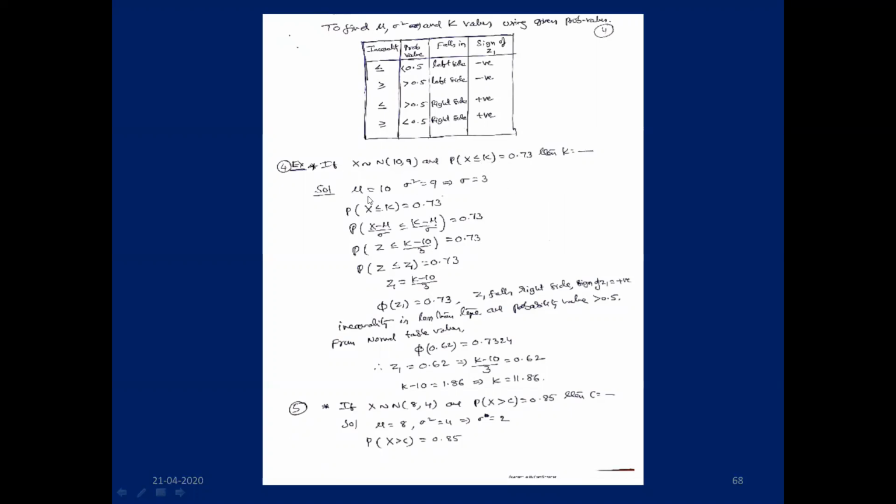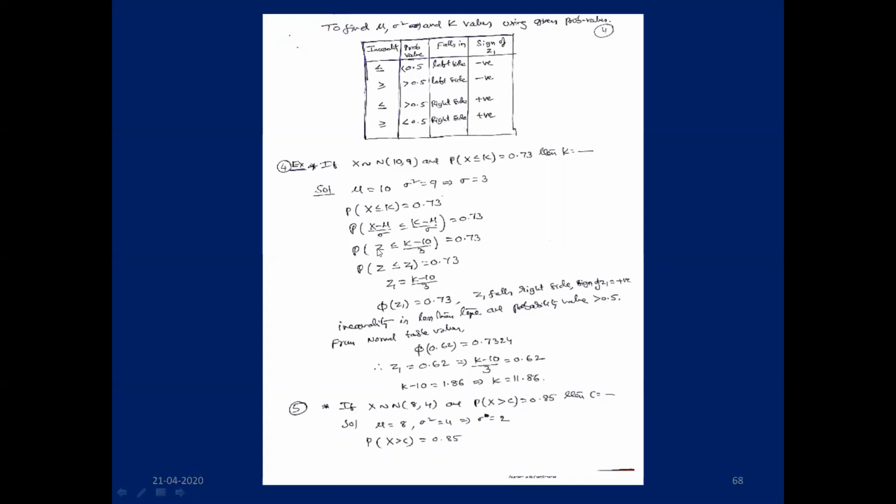Here we have to find the k value. Mu is equal to 10, the variance sigma square is equal to 9, so sigma is equal to 3. Now probability of x less than or equal to k is equal to 0.73. So probability of (x minus mu) by sigma less than or equal to (k minus mu) by sigma, that is x converted into z, is equal to 0.73.